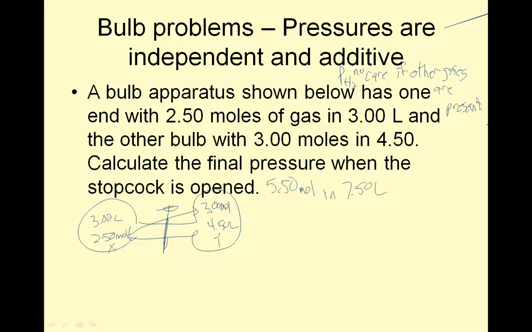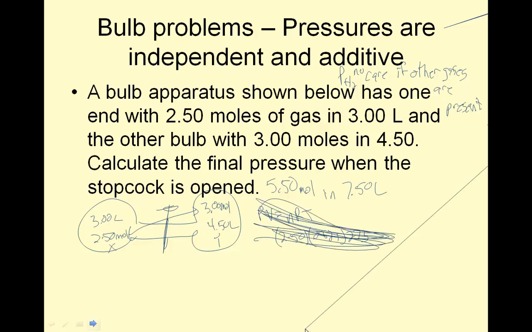But I have a problem with that. What I have to do is PV equals nRT twice. So my pressure is what I have to find from this first part. So 2.50, 0.0821, temperature is 273. Oh, you know what? It doesn't say what it is. I'm skipping this bulb problem. How about that? Lucky you.